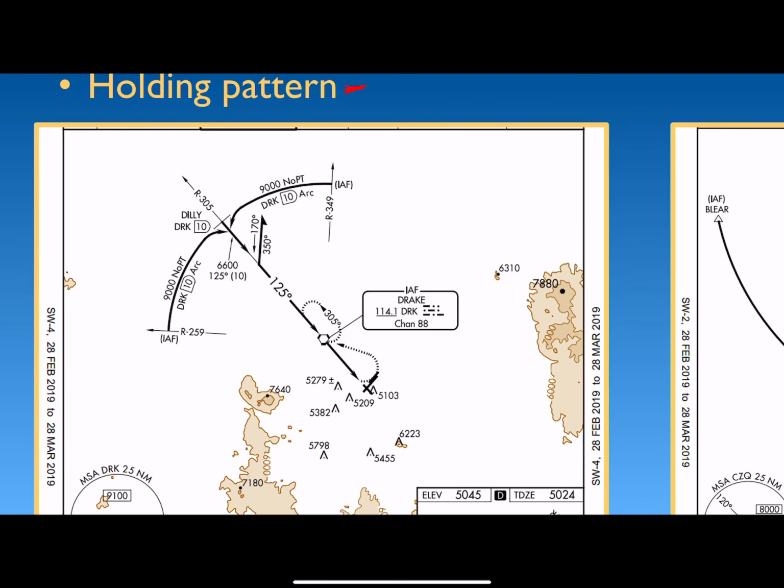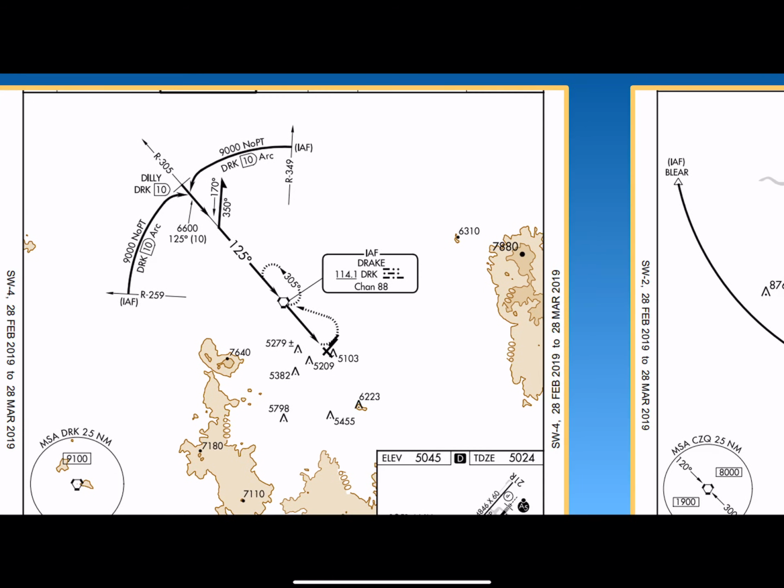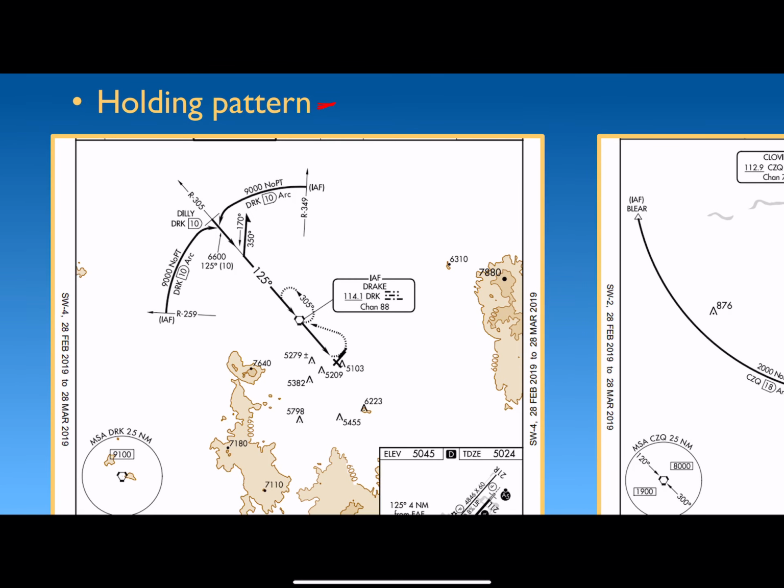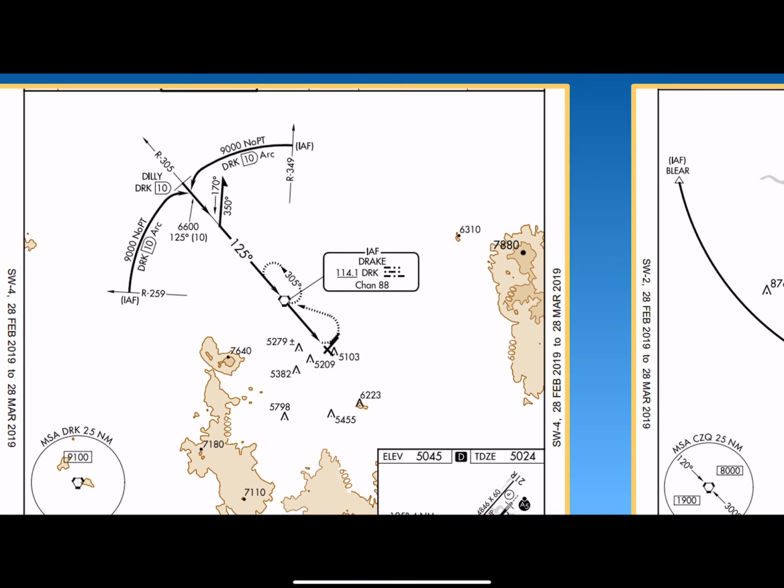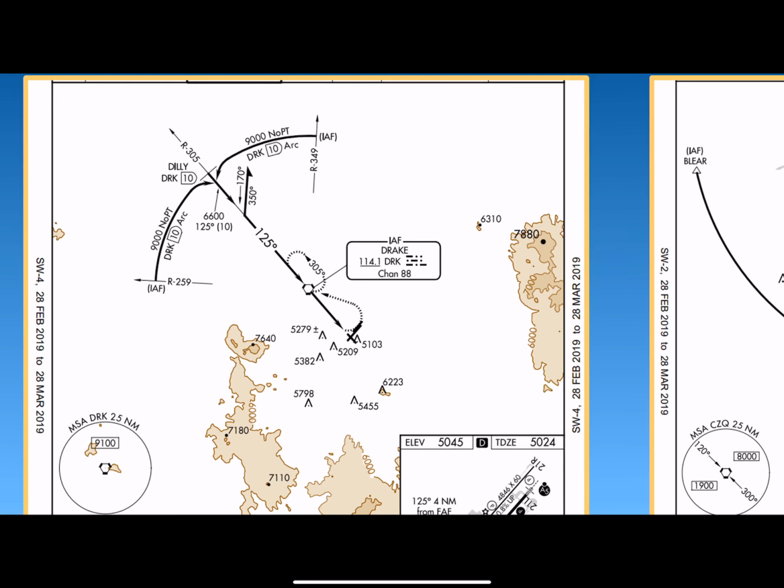Let's say we're doing the VOR DME runway 12 into Prescott over here. So this is a VOR approach. So let's say we are coming from the south or the east. So I come up and I hit Drake. Drake is my initial approach fix.